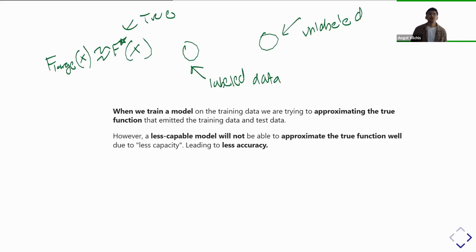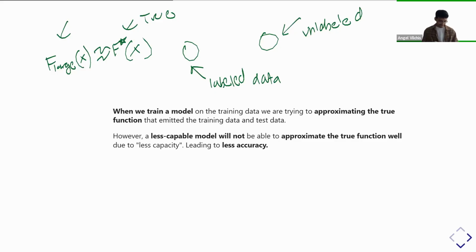It tries to model the true underlying function that emitted that data. But the smaller model is usually less accurate.